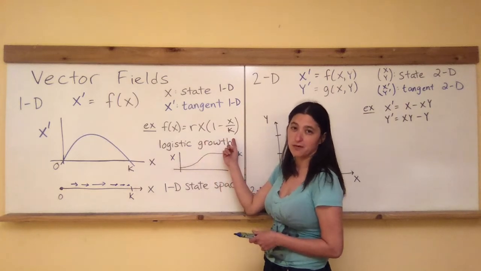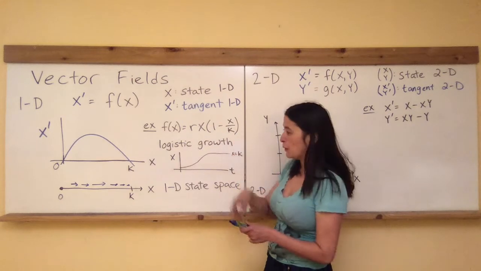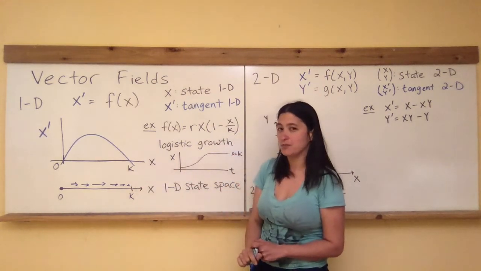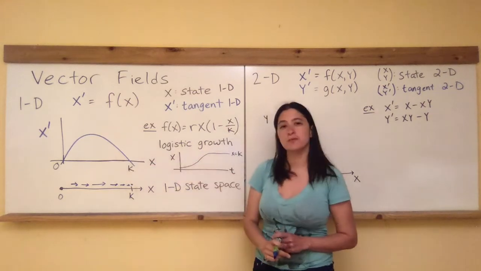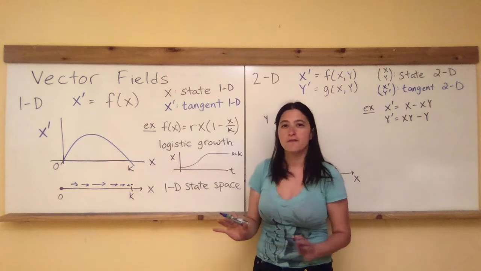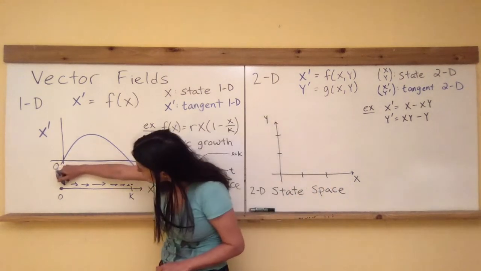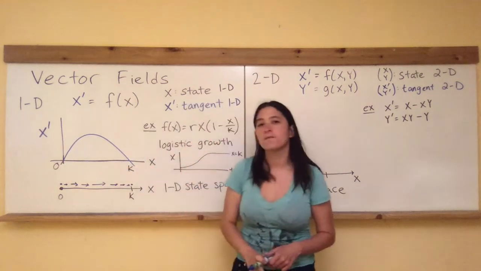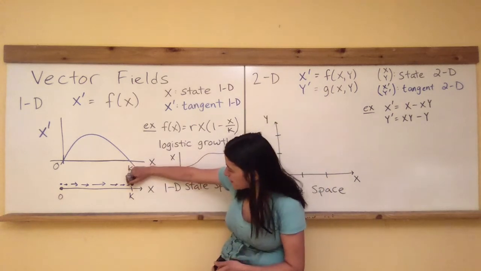In this down-facing parabola, the roots are 0 and k. And so at both 0 and k, the representation of x prime is just 0. So I'll represent that by just putting a dot there, because the rate of change is equal to 0 when x is equal to k. And when x is equal to 0, the rate of change is also 0. So I've got the two dots going on there.